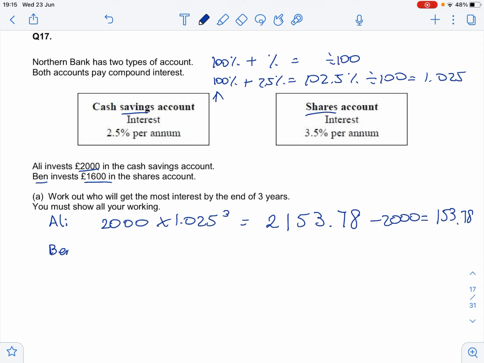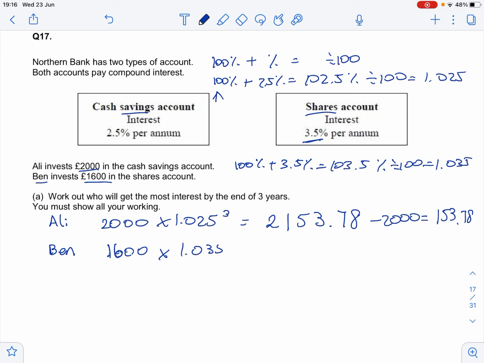What about Ben? So Ben invests 1,600 and the interest is 3.5%. So it would be 100 plus 3.5, which is 103.5, divided by 100, which is 1.035, to the power of 3.